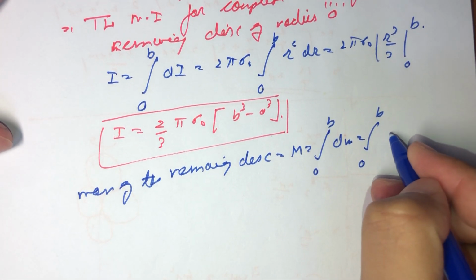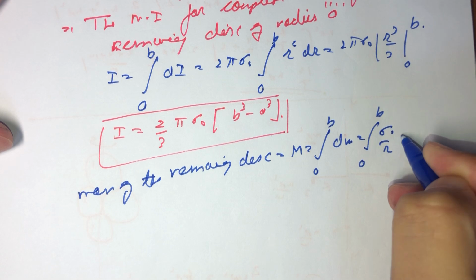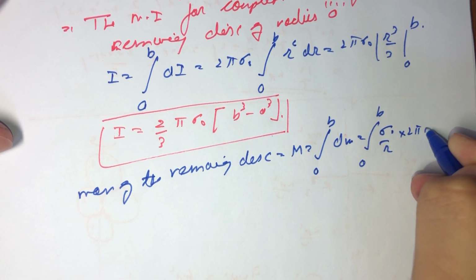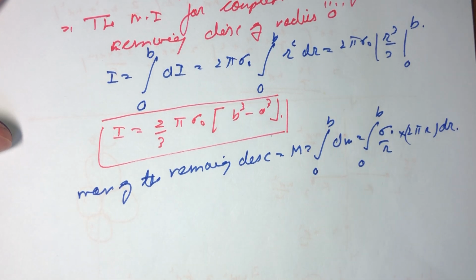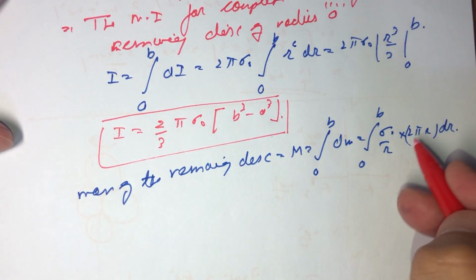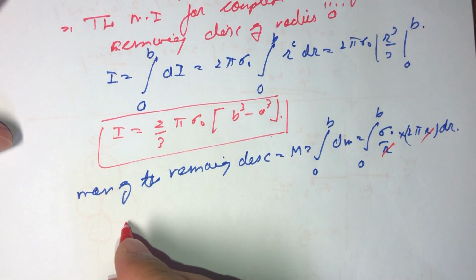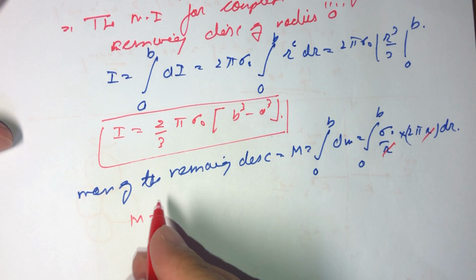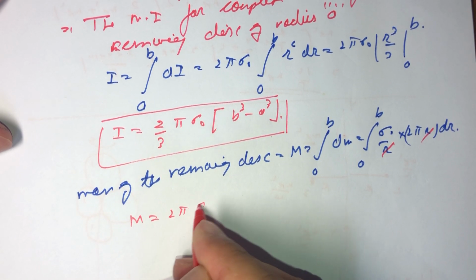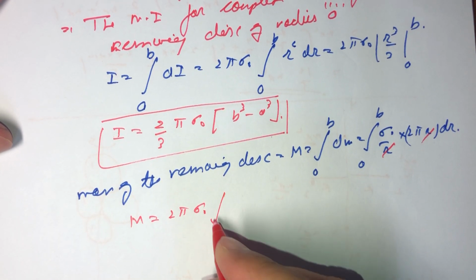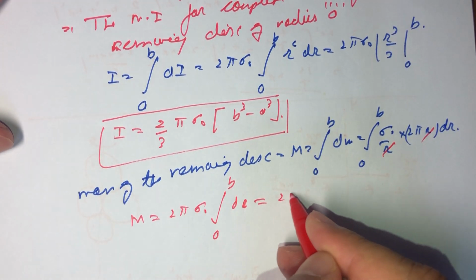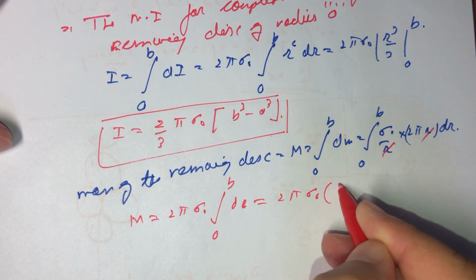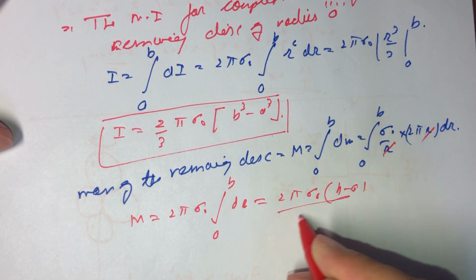This will be equal to sigma naught upon r multiplied by 2 pi r into dr, and this r cancels out, so we get mass M is equal to 2 pi sigma naught, which is constant, times the integral from a to b of dr, which gives us 2 pi sigma naught times b minus a.